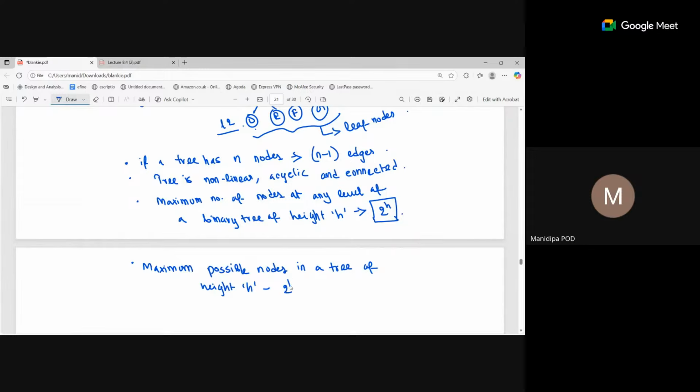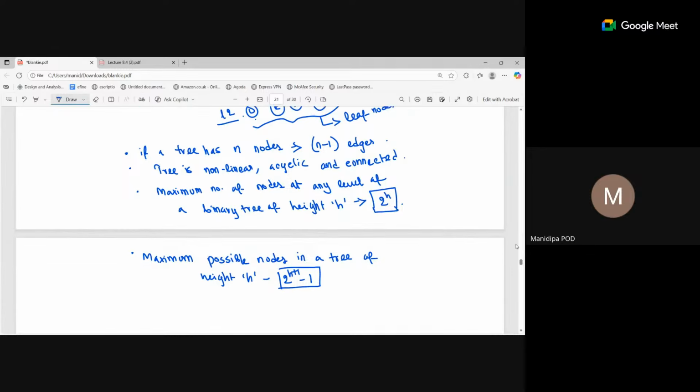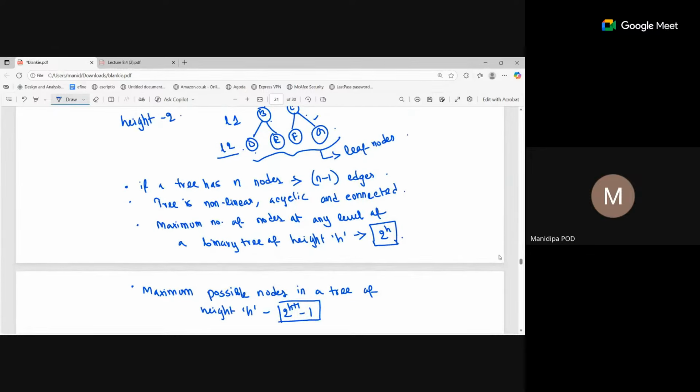For that, the formula is 2 power (h plus 1) minus 1. These two formulas are pretty important for numericals. For binary tree, just knowing this much is good enough, because mainly we'll be focusing on a special type of binary tree, which is the binary search tree, right? So till now, anyone has any doubt?